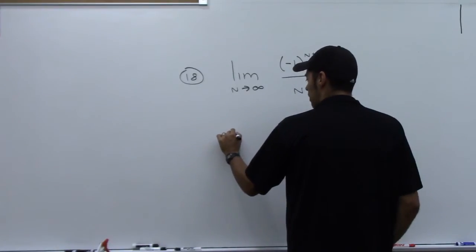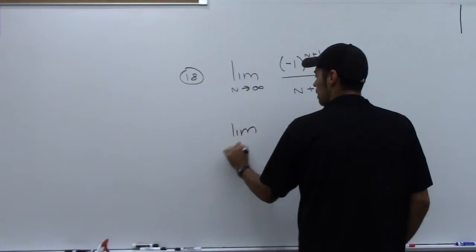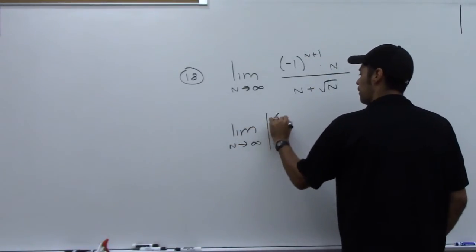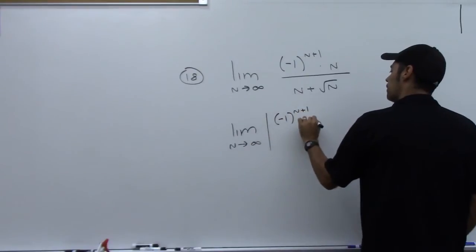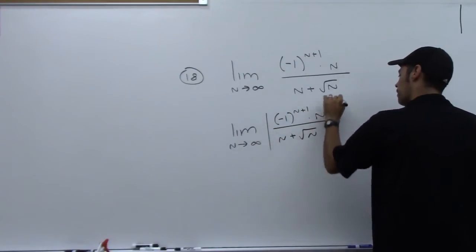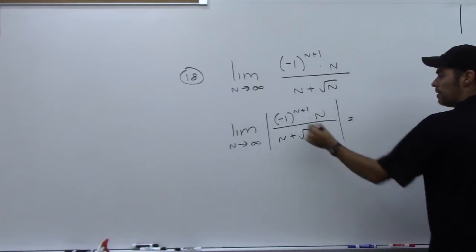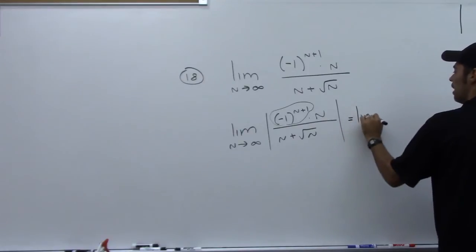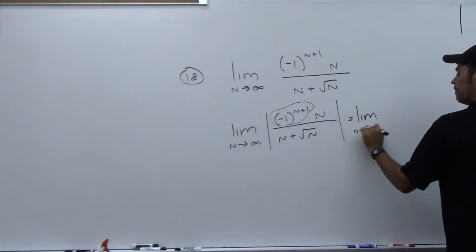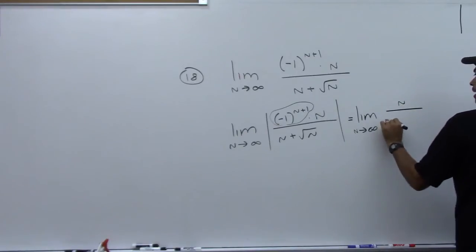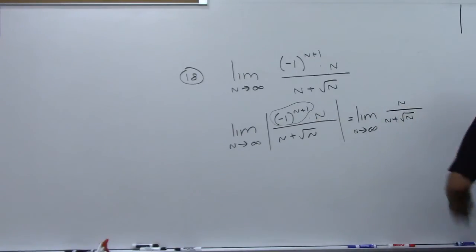So let me try that theorem. What's the limit as n goes to infinity of the absolute value of this? Well, the absolute value of this piece right here is just going to spit out 1. So we have the limit as n goes to infinity of 1 times n, so that's n over root n.